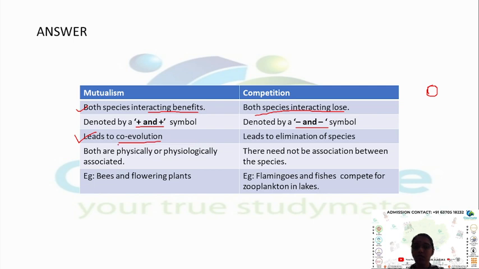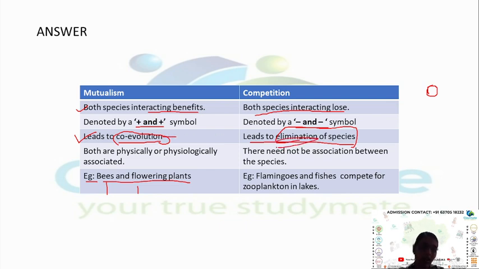So it is called co-evolution. Here we have bees and flowering plants as an example. If bees evolve, flowering plants should also evolve. That is co-evolution. Okay, next is competition. Competition will lead to elimination of species.